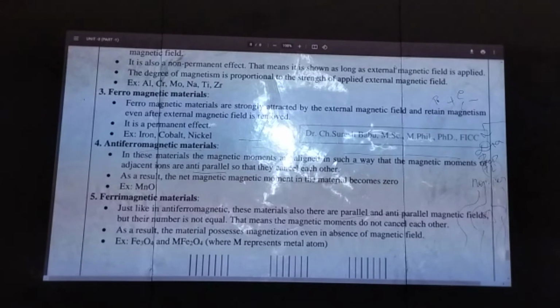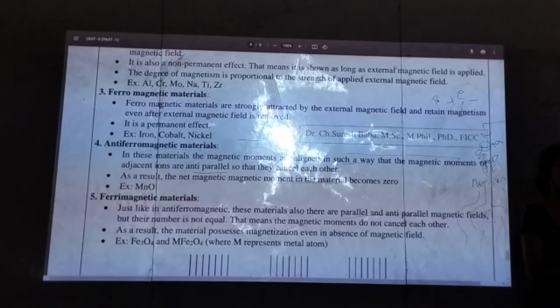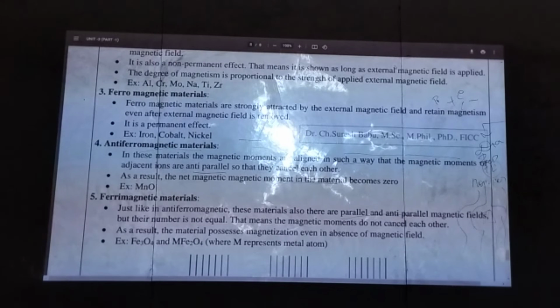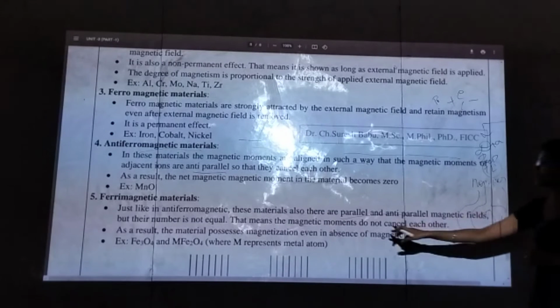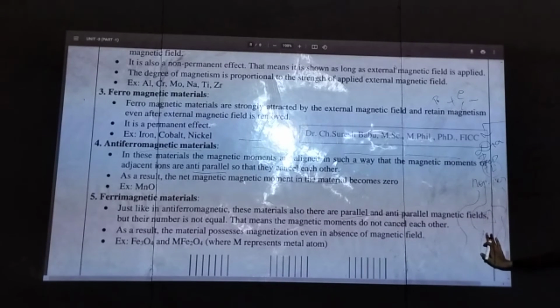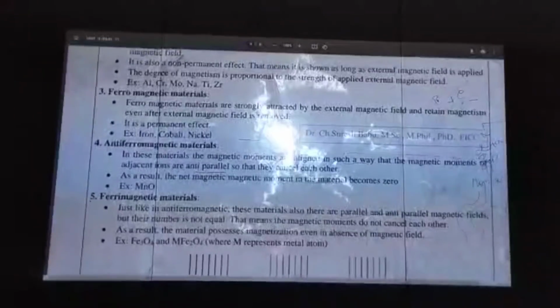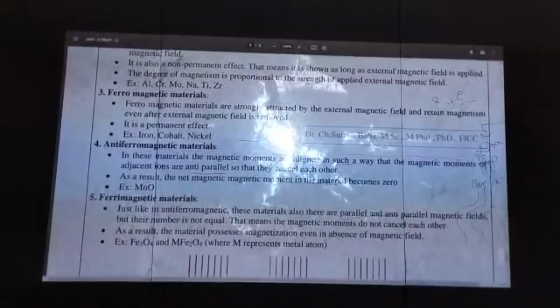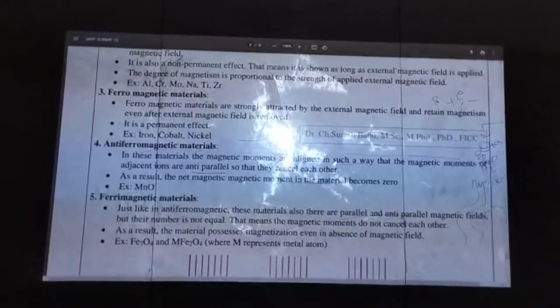Can you see here? Parallel and anti-parallel, but the number is unequal. So the magnetic moments do not cancel each other out, and as a result, the material possesses magnetization even in the absence of a magnetic field. Examples: Fe3O4 and MFe2O4, where M is our metal.